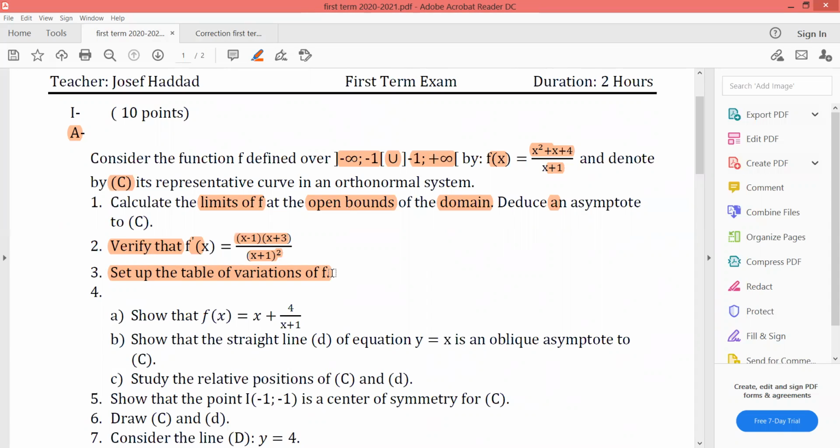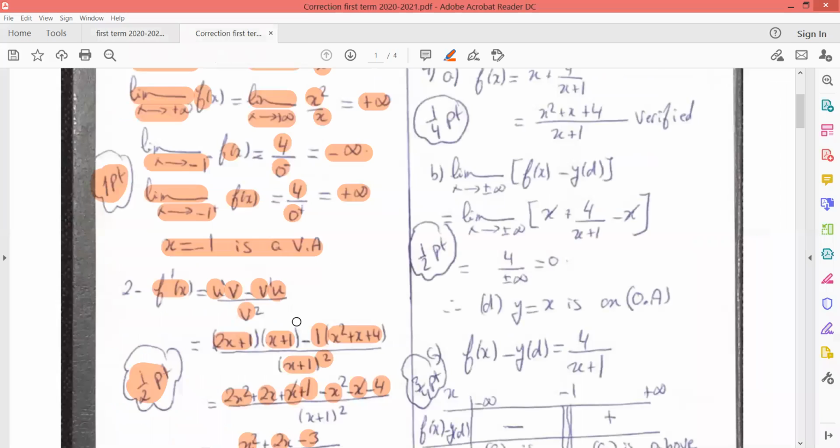How to study the sign of the derivative?